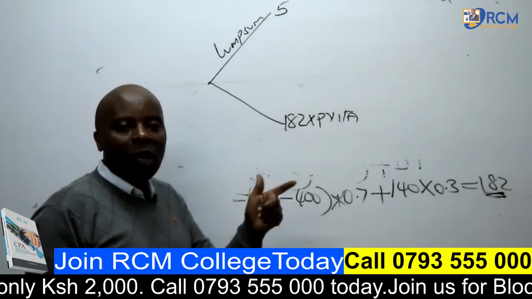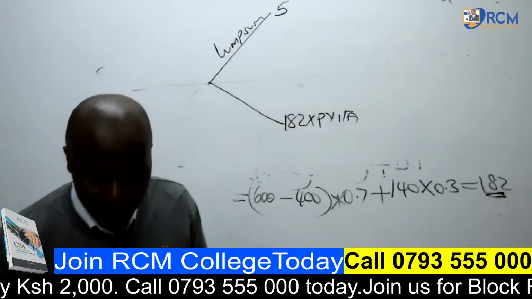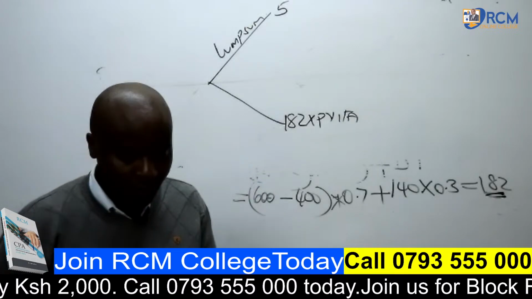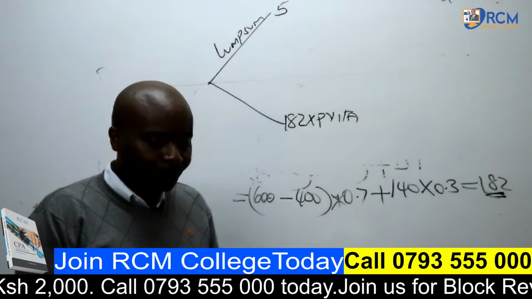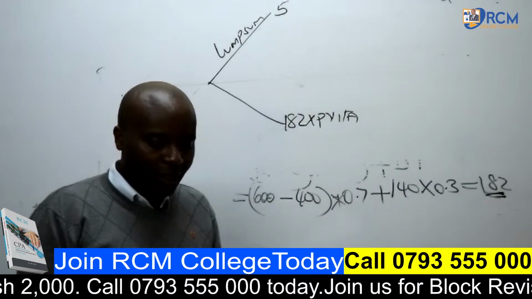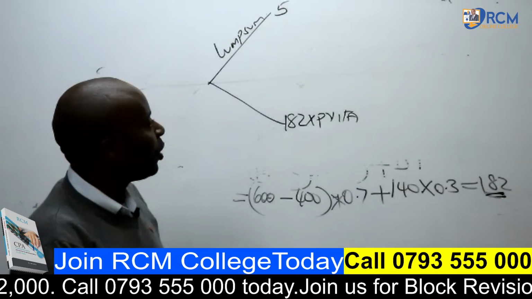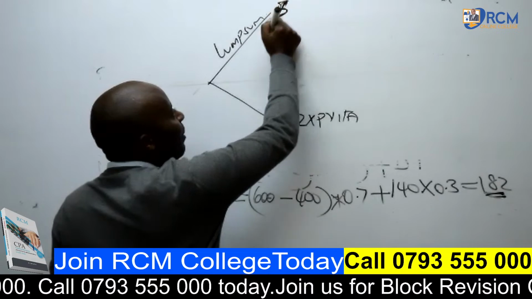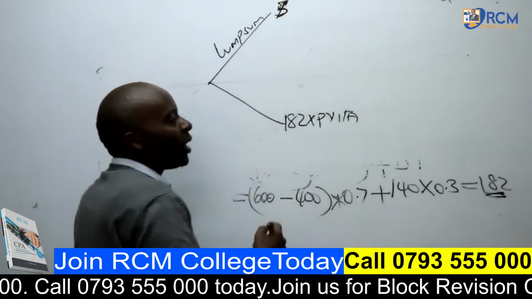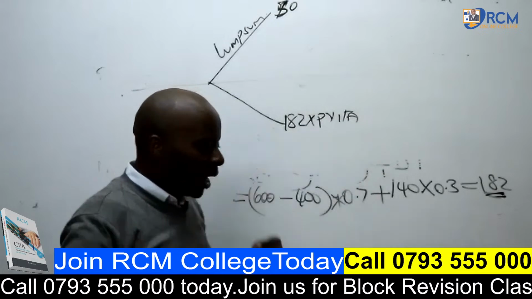In terms of thousands, that figure is supposed to be, is it 5,000 or 50,000? Let's see, so you don't make a mistake again. The scrap is supposed to be 80,000, so this is supposed to be 80. Lump sum amount coming to us at the end of year 3.